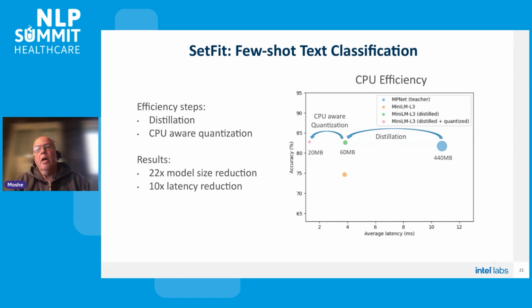Then we apply distillation to get the MiniLM, which is the 15 million parameter model, and then we also apply quantization using the Intel CPU framework to get a model that is 20 million bytes, which is actually 22x smaller than the one that we started with, the 440 million bytes.